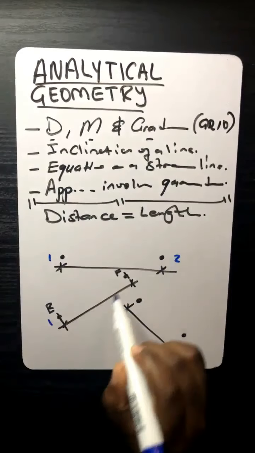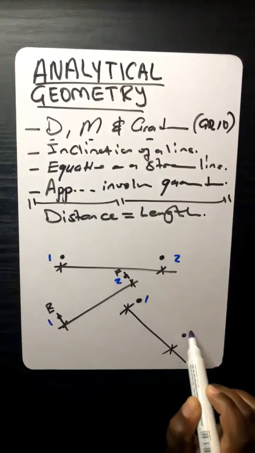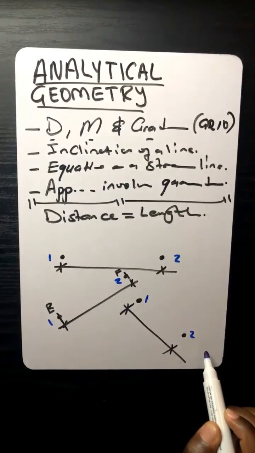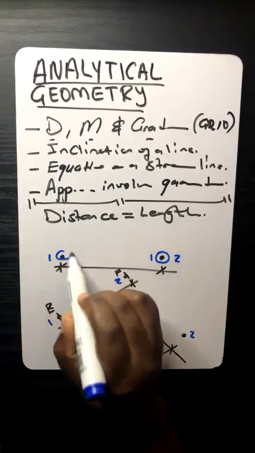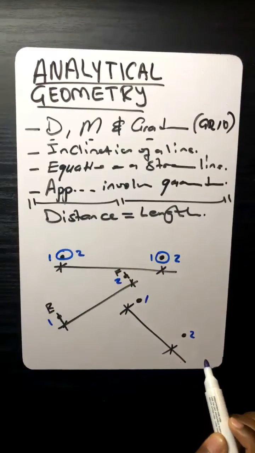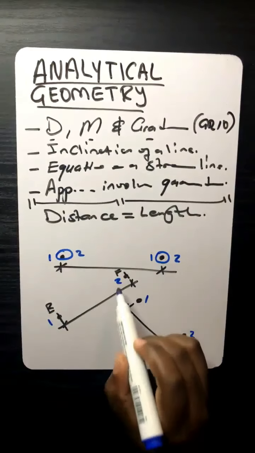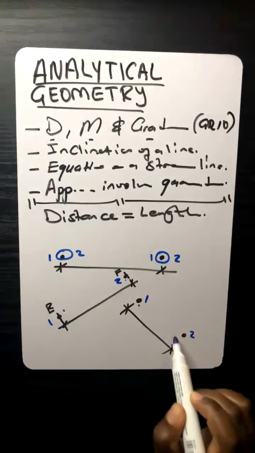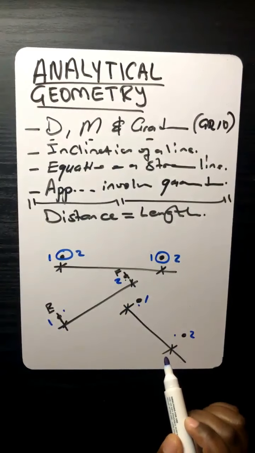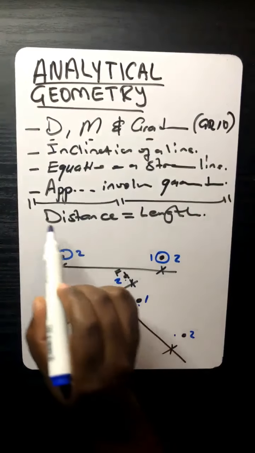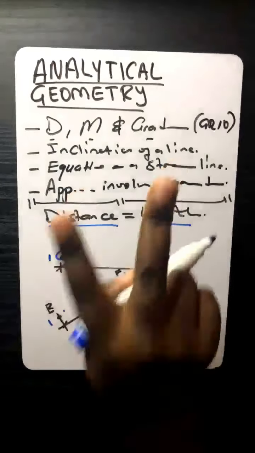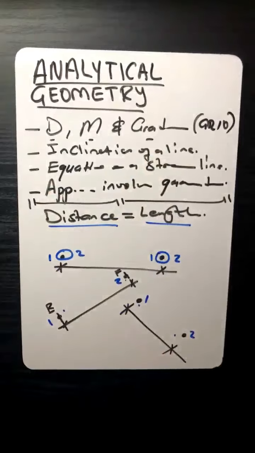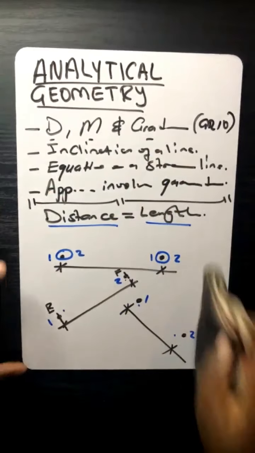It doesn't matter whether you take this point to be point 1, and it doesn't matter whether you take that one to be point 2. You can also do vice versa. What matters the most is that the moment we talk about the distance or the length, we are talking about 2 points. So that is the first thing that you need to understand.